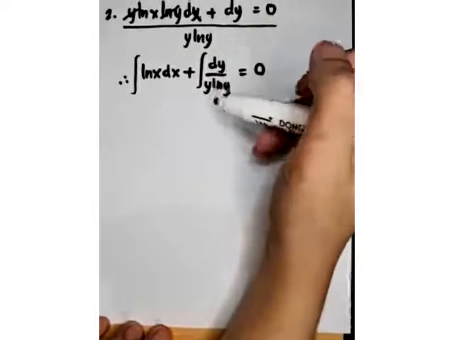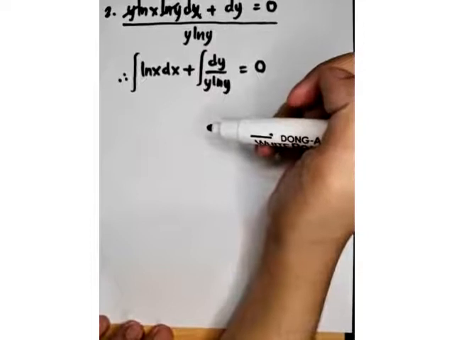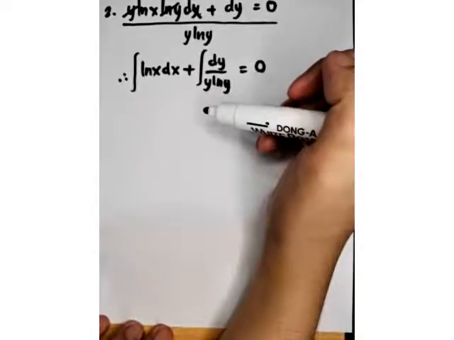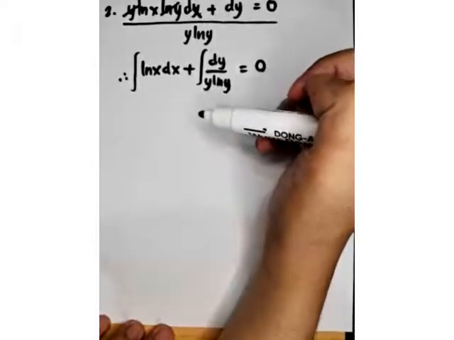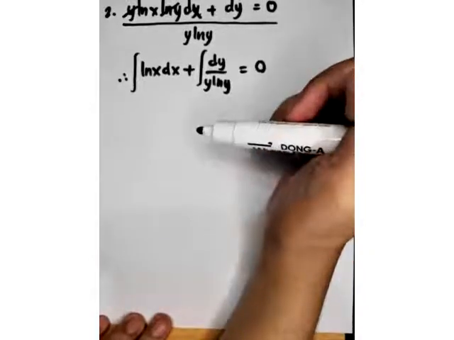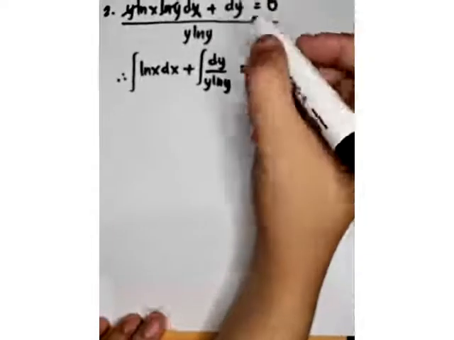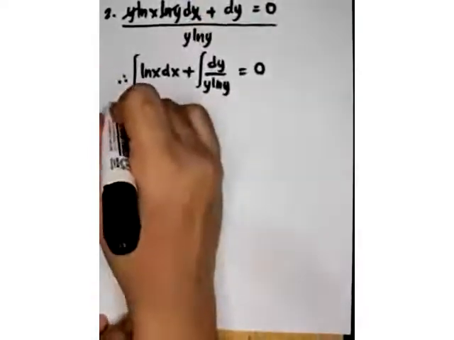Sa tingin ko, hindi pwedeng power, trigo, exponential, substitution. So, isa na lang naiisip kong gagawin natin ay by parts. Okay? So, hindi na tayo pwedeng mag-tabular method because that's ln. So, magba-by parts tayo.